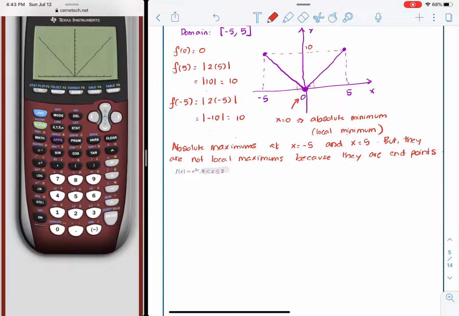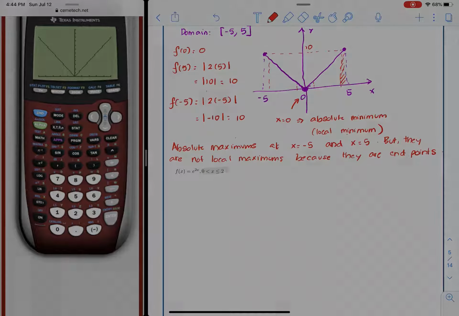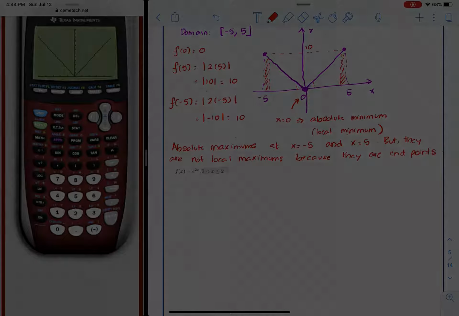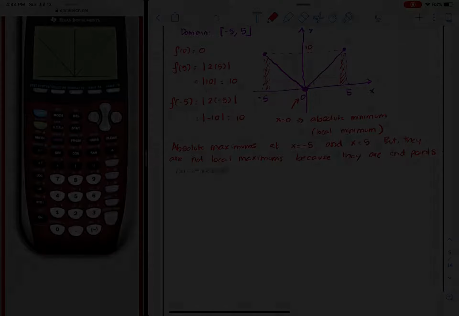Keep in mind, if we have to find the local maximum or minimum, we need to have an interval about a point. So at 5, I can only form an interval, one-sided interval here on the left. And at negative 5, I can only form a one-sided interval to the right, because the function ends at negative 5 and at 5.